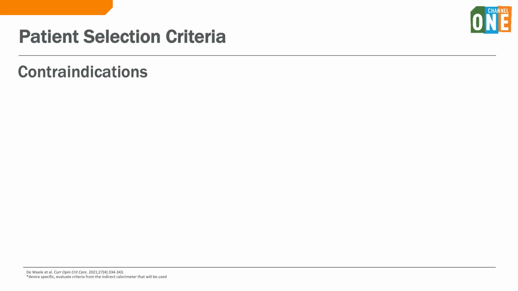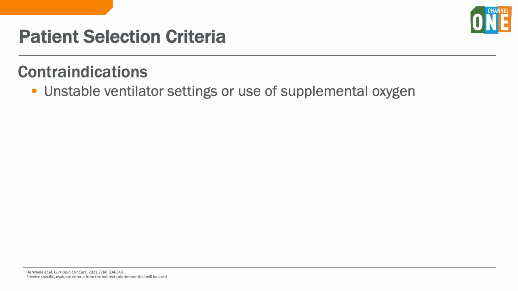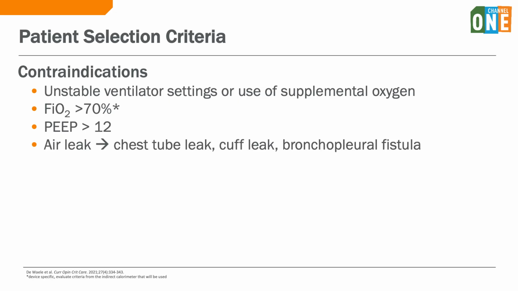When we are considering contraindications and precautions, there are a few things we want to consider. Certain clinical and technical conditions make indirect calorimetry inappropriate or unreliable. Contraindications include an unstable ventilator setting, FiO2 requirements above 70%, which is dependent on your indirect calorimetry machine, a PEEP above 12, or the presence of an air leak, such as a chest tube with bubbling or potentially a cuff leak.